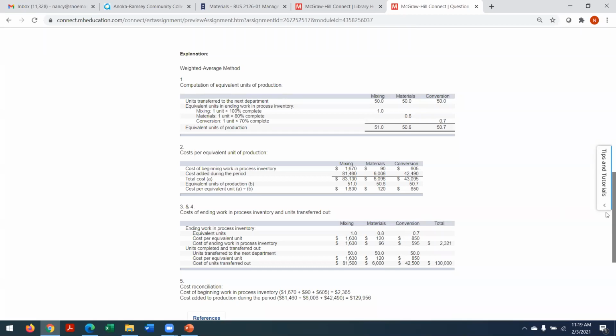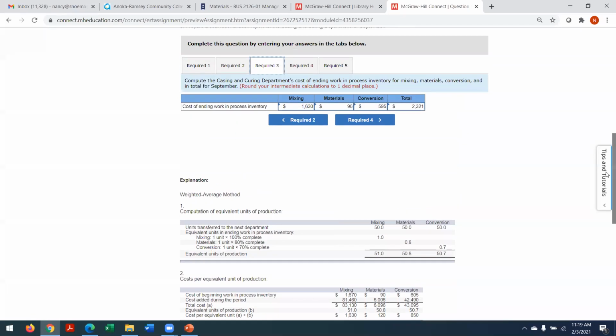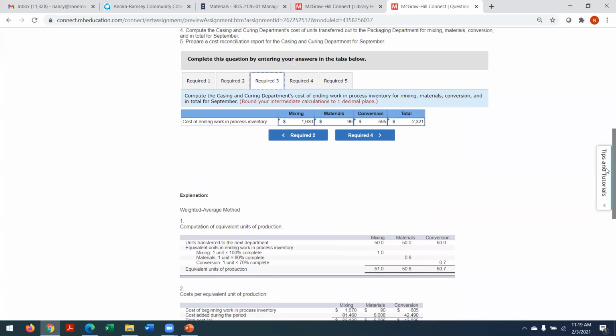So our total cost in ending inventory is the combination of the mixing, the materials, and the conversion, and the total is going to be $2,321.